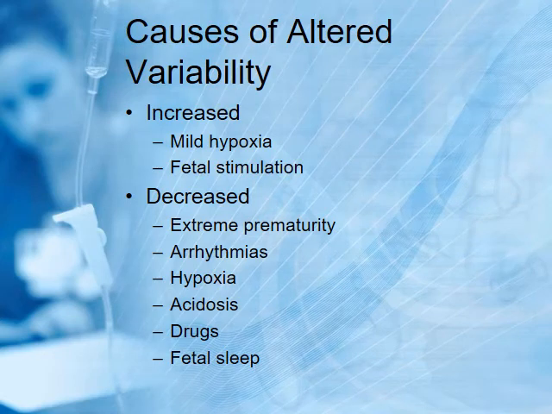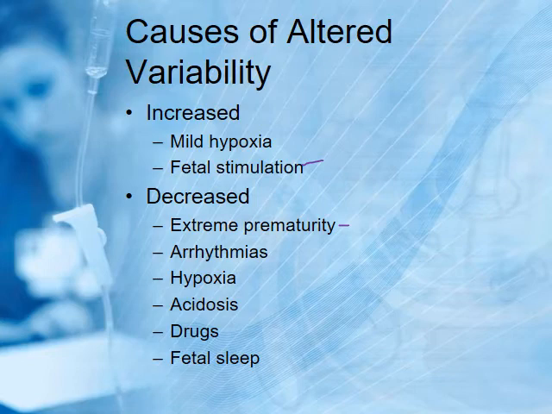Causes of altered variability: if it's increased, mild hypoxia, the baby's heart rate trying to pump more blood to oxygenate itself, and more likely fetal stimulation. It's just moving around. Decreased: extreme prematurity, they don't have that well-developed neurological system yet, so you're going to have decreased variability on preterm babies.